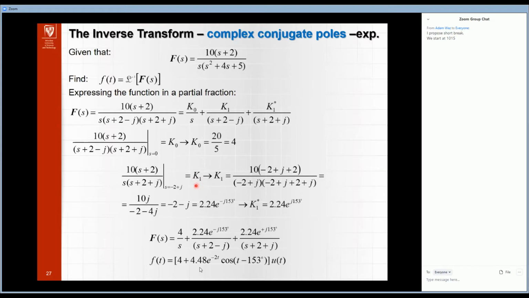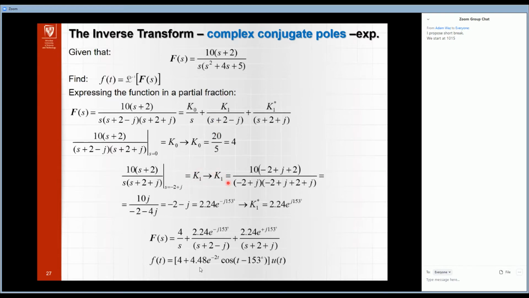Okay, and now we try to find the Q1 factor. For Q1 we must multiply by this one, and on the left side I have this, but on the right side only the Q1.